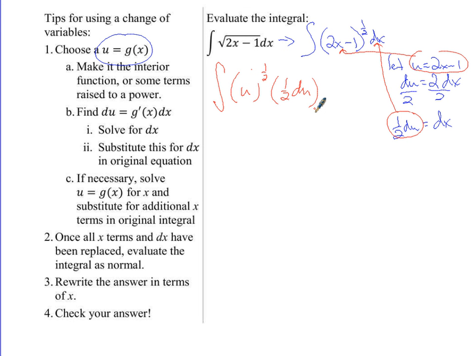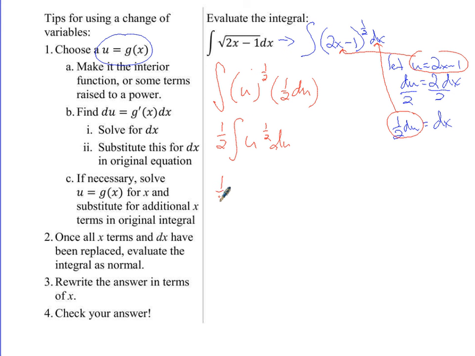And now you can integrate. Much easier than you could here. If you notice, the 1/2 is a constant. I can pull that out and write it out front: 1/2 integral of u to the 1/2 du. And that's an integral that you guys have done several times.